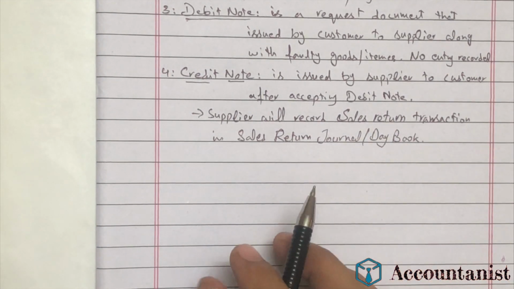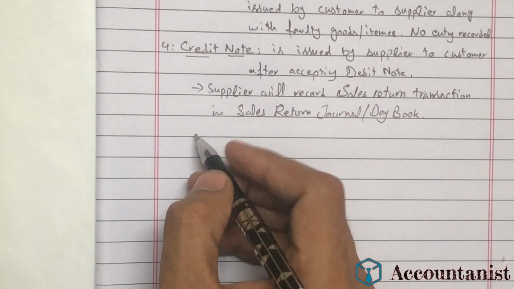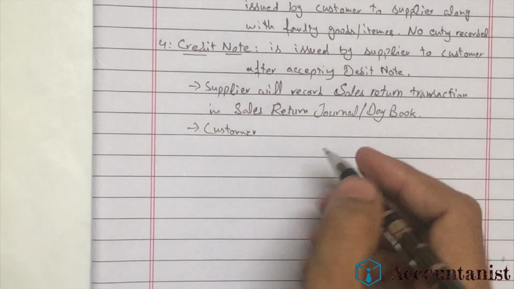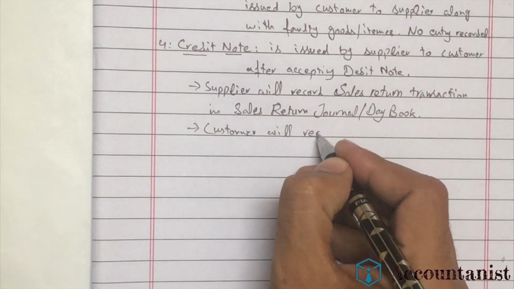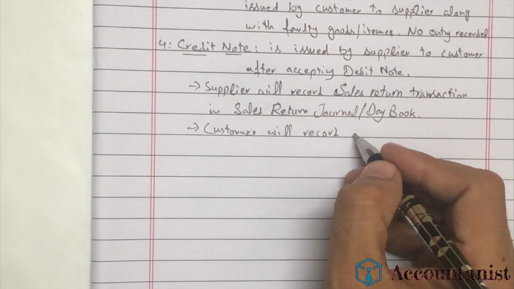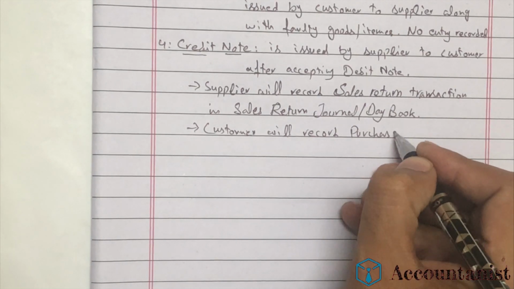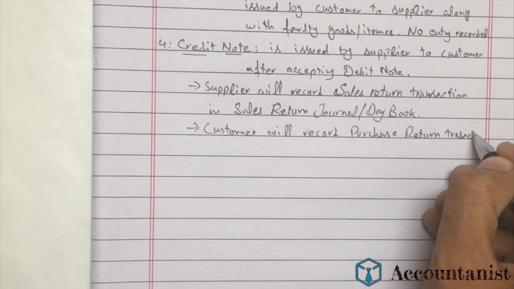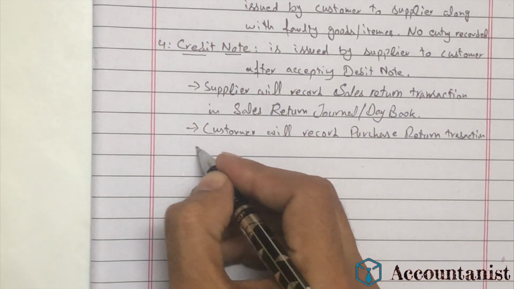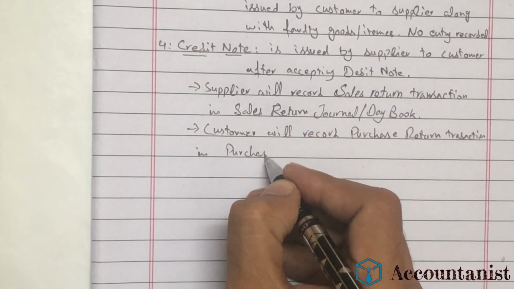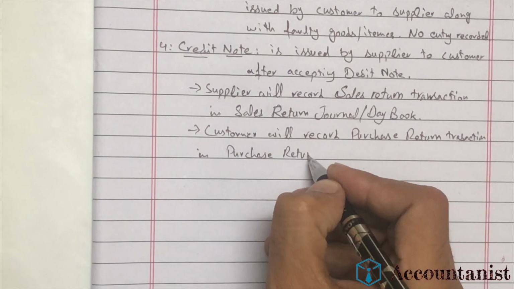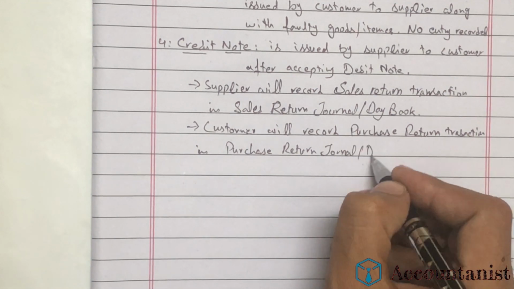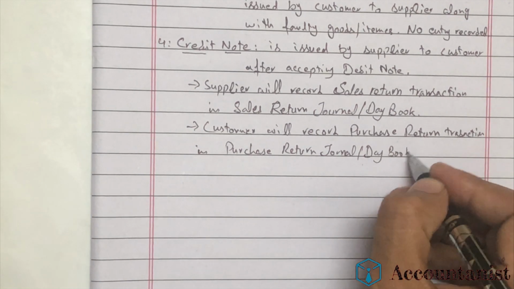So the supplier will record the sales return transaction, and on the other hand the customer will record the purchase return transaction in the purchase return journal or daybook.